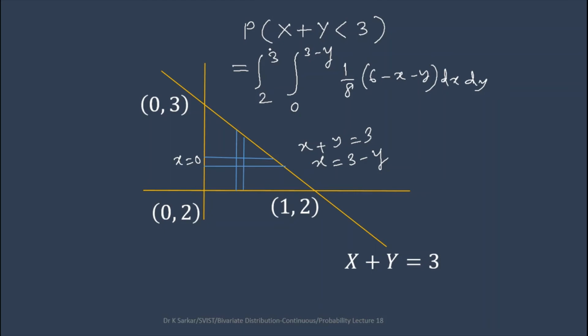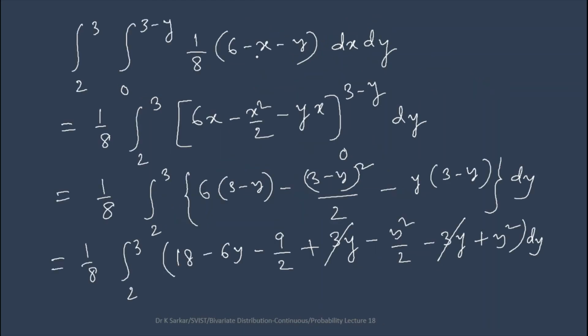Now let us find the integration. First let's do the integration with respect to x: 6x minus x square by 2 minus yx. Limits are 0 and 3 minus y. Then putting the limits, we get 18 minus 6y minus 9 by 2 plus 3y minus y square by 2 minus 3y plus y square.